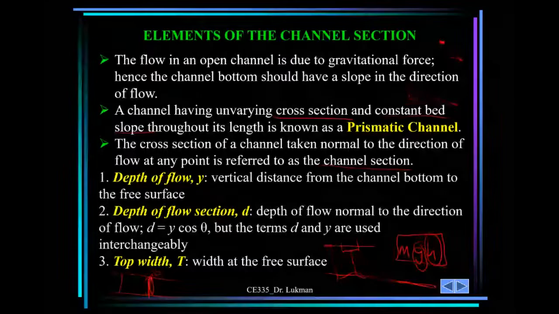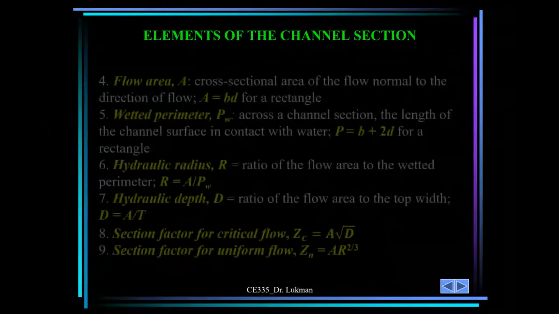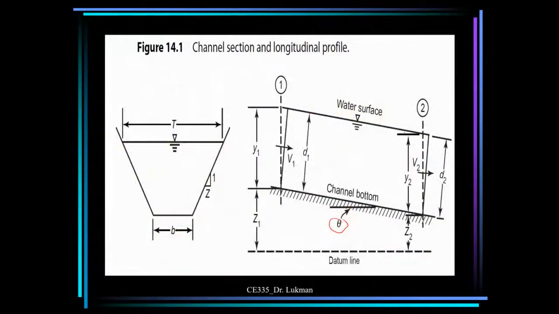You have d and y: depth of flow, which is y, and depth of flow section, which is d. This is the depth of flow, which is vertical, irrespective of the channel slope, while the depth of flow section is perpendicular to the flow section, which is perpendicular to the channel bottom.